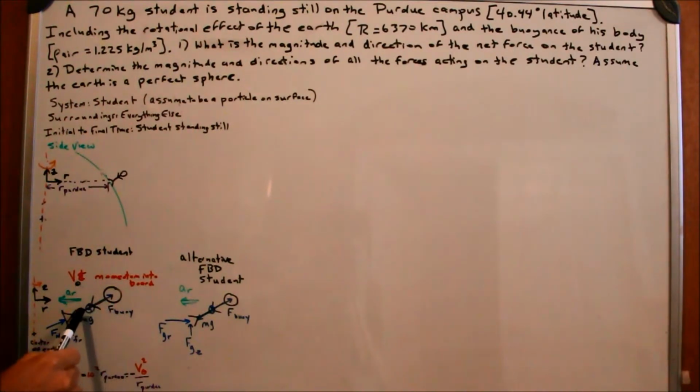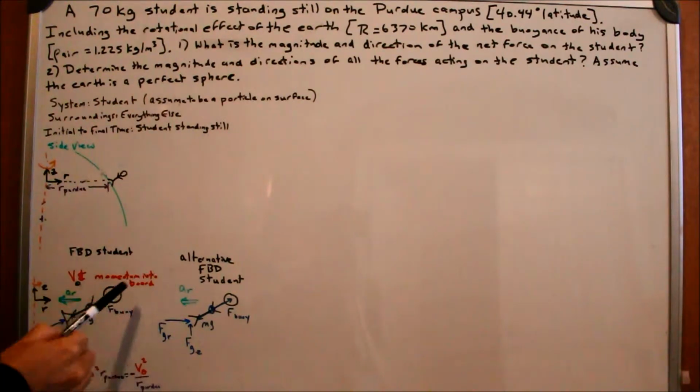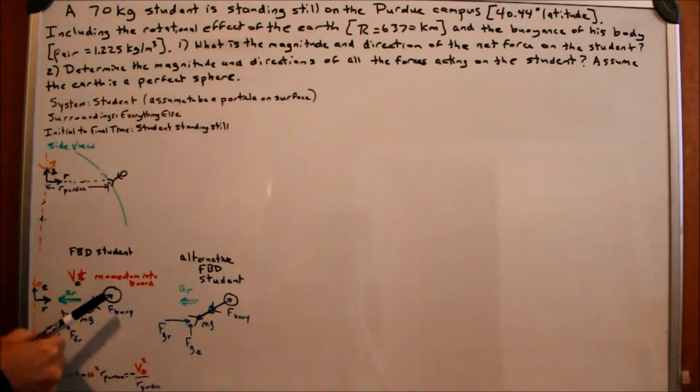Then we have a buoyancy force, which is in that same direction, but this time it's going to be upward. And then we're going to have some force on the ground, and in this free body diagram I'm going to choose a normal force going against the center of Earth, and we don't know, there could be some frictional force acting on him. So I'll choose it this way.